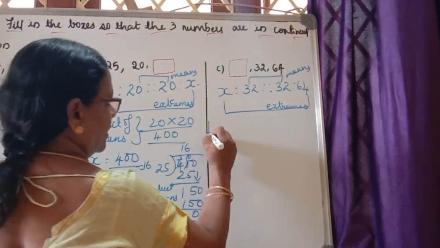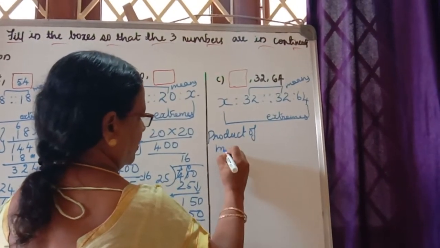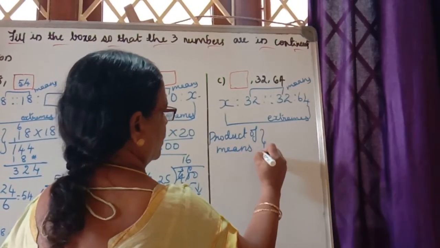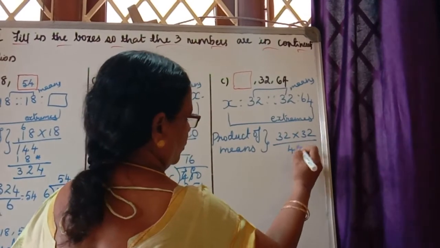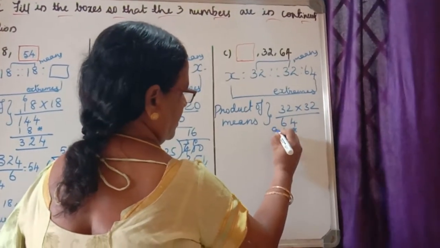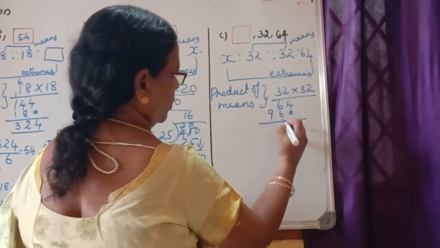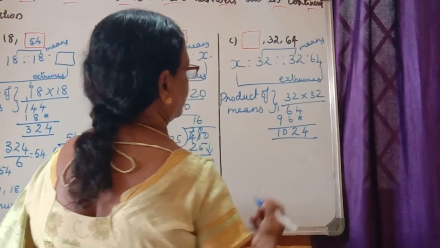So find the product of means. The product of means is equal to 32 into 32. 2 2s are 4, 2 3s are 6, 3 2s are 6, 3 3s are 9. 4, 6 plus 6, 12, 9 plus 1, the number is 1024.